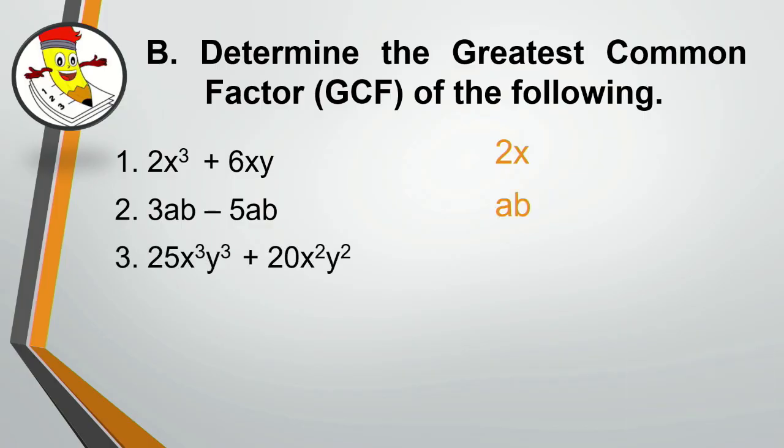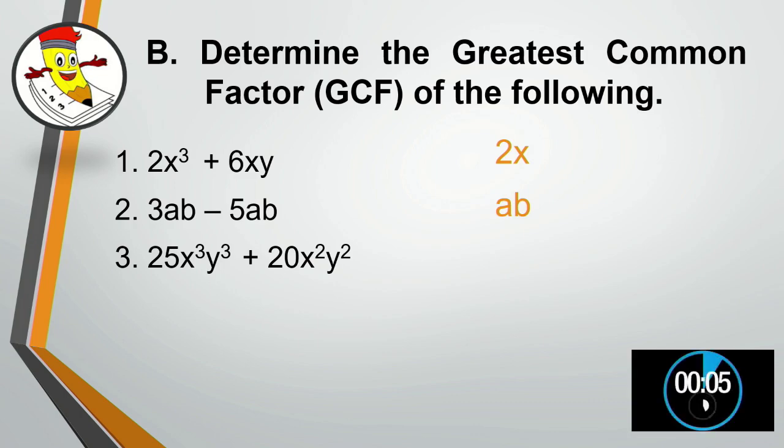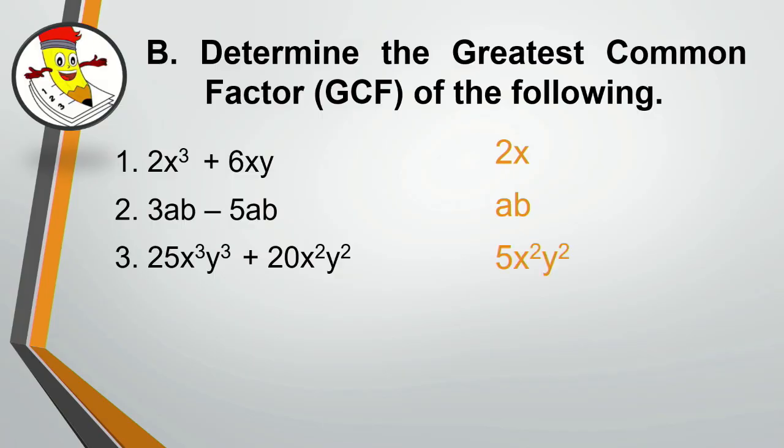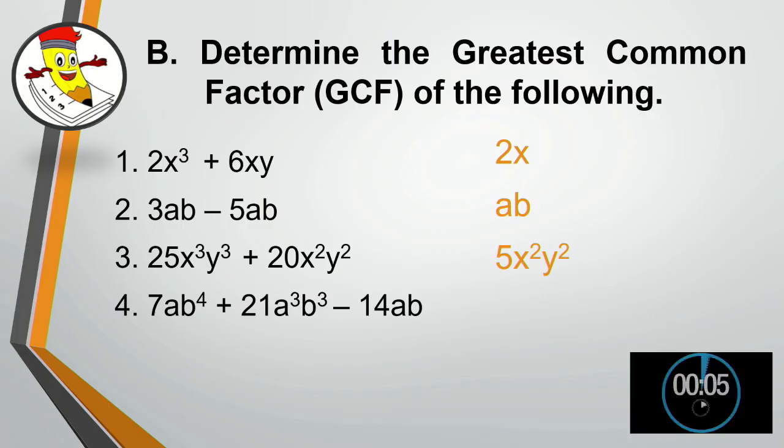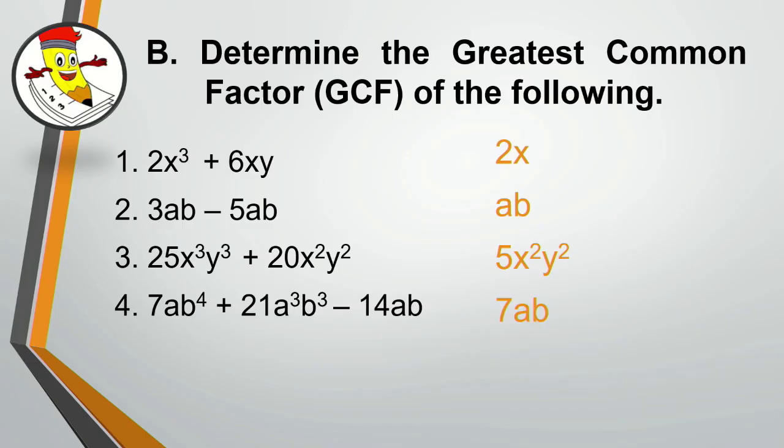Number 3, 25x cubed y cubed plus 20x squared y squared. Correct answer is 5x squared y squared. Number 4, 7ab to the fourth plus 21a cubed b cubed minus 14ab. 7ab.